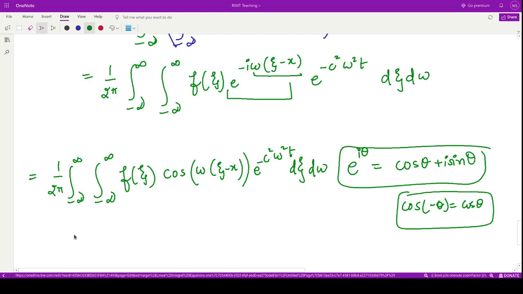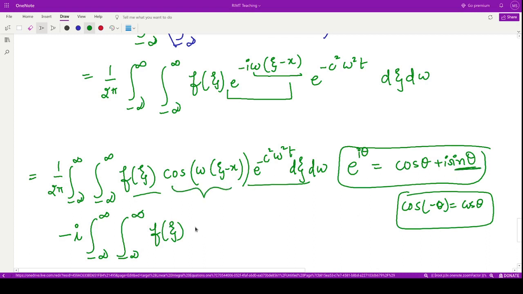This is our first term, and then we have minus iota. Why minus? Because in the angle we are having minus. So minus iota integration from minus infinity to infinity, integration from minus infinity to infinity, all these terms as such. However, in place of cos we will now have sine, so it would be sine of omega (zeta minus x) e to the power minus c squared omega squared t d zeta d omega.